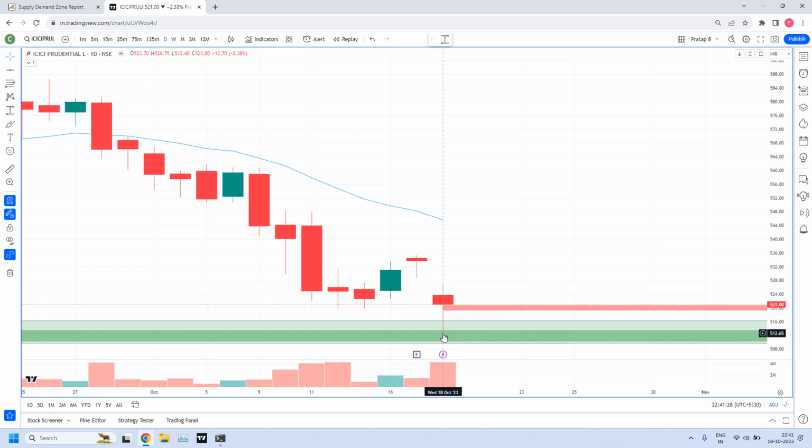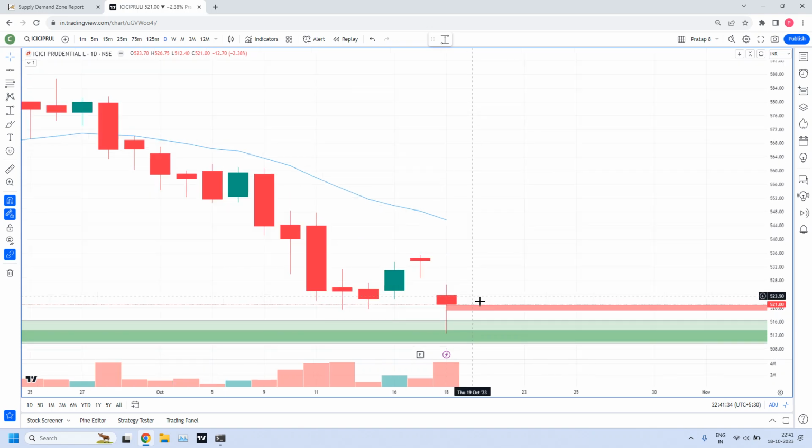But we should understand how our psychology works. When prices reached this location as a bearish candle, is your mind accepting this trade? That is our psychology related concept: how our psychology is working or not working.